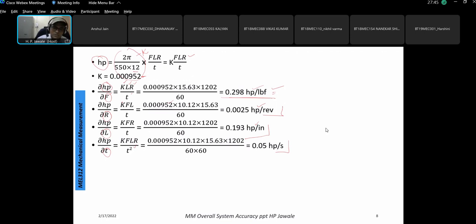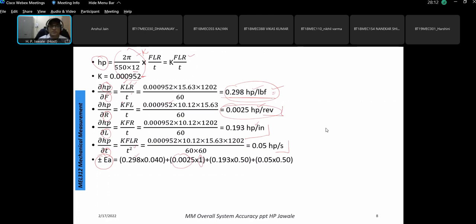Right, then once we have quantified this, we can find the error. The plus minus error will be equal to, say, for example, here all the values are known. Say this is the first value, the partial derivative into the plus minus error that we have found out, say 0.04. Then the second value is the partial derivative of the second function into plus minus 1 revolution that we found as a measurement error.